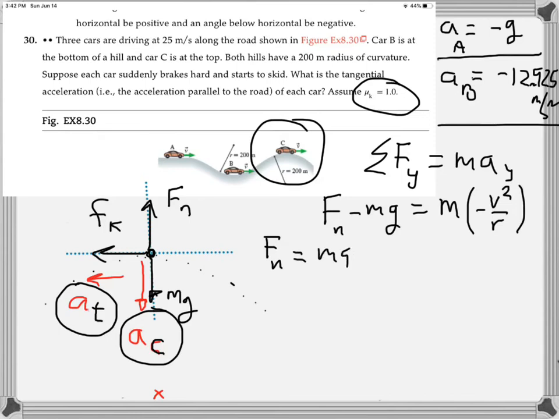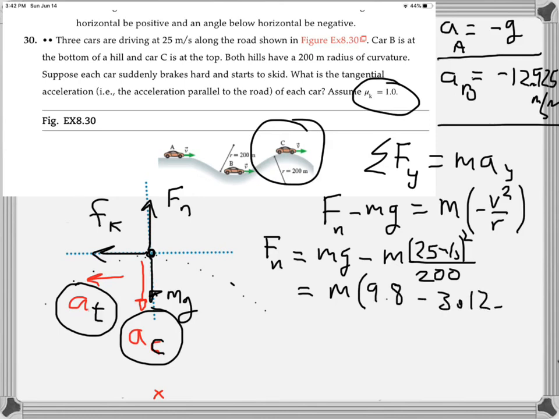So Fn equals mg, moving mg to the other side, minus the mass times 25, that's the speed of the car, squared, divided by 200. So m factor of g, 9.8 minus 3.125. And finally, the normal force is therefore m times 6.675 meters per second squared.